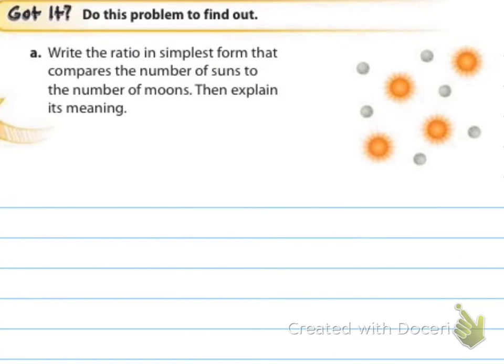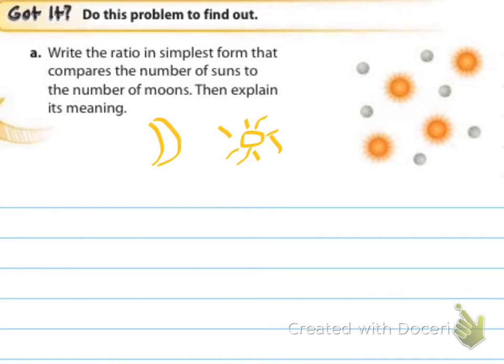So it says write the ratio in simplest form that compares the number of suns to the number of moons, and then explain its meaning. If you want to draw this on your paper, you can do a half moon for all your moons, and then your beautiful suns. I know mine looks like a crazy looking spider. So go ahead and draw this. Copy how many moons there are, copy how many suns there are.